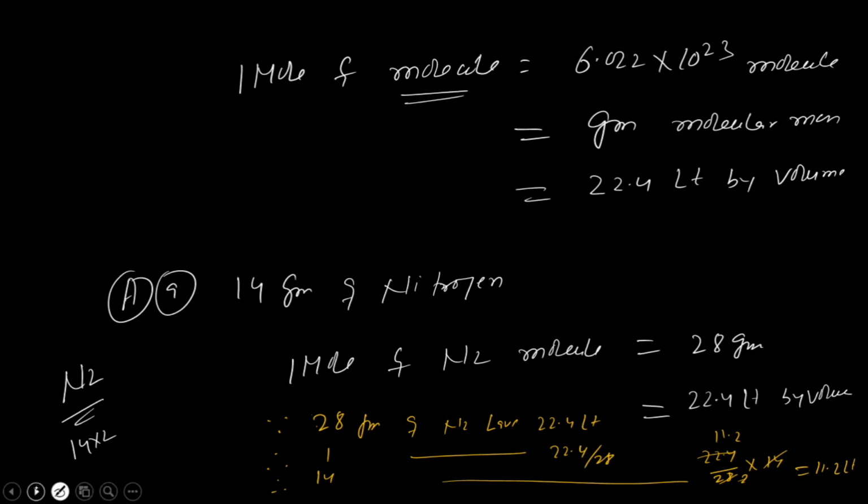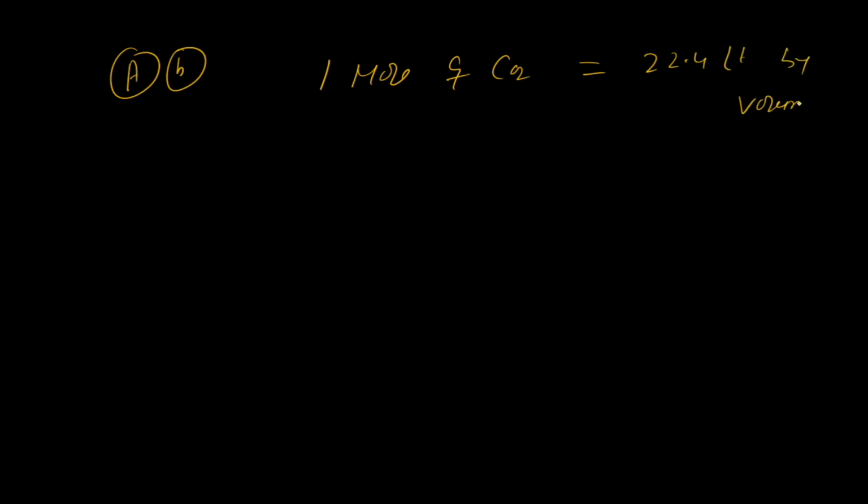Now just move to the next question. What will be the answer of the next question and how do you solve it? They are asking about 1.5 mole of carbon dioxide. What I told you, 1 mole of any molecule, now this is carbon dioxide. So 1 mole of CO2 will be equal to 22.4 liter by volume at STP.